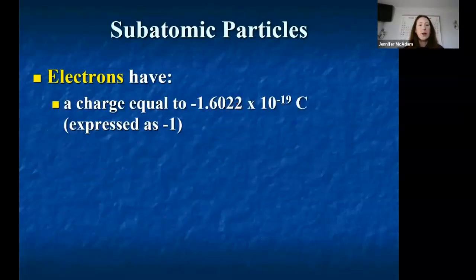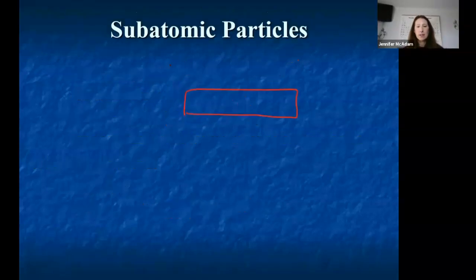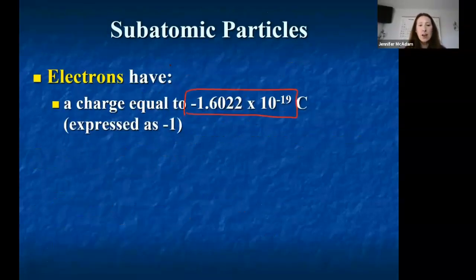Electrons. Now electrons, you look at this charge here, 1.6 times 10 to the -19th. I'm going to go back. Look at protons, 1.6 times 10 to the -19th. The charge is exactly the same. The only difference is that protons are positive and electrons are negative.